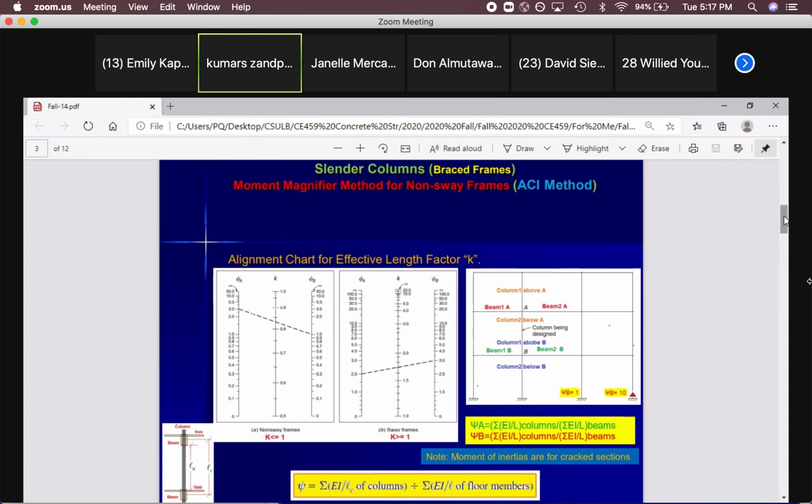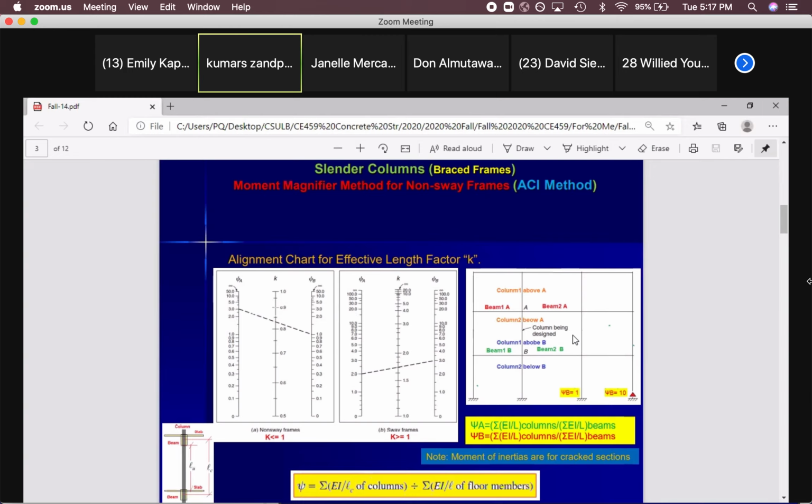Okay, let's start. I will start with a real problem, so based on that, you can learn how to use it. Consider that we have a frame, a 3-story frame, and this one is a rigid frame. It might have a bracing system in 3D.